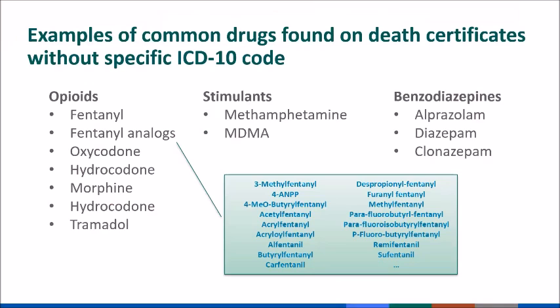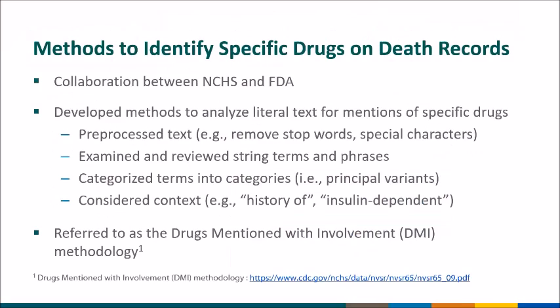And then we want to really look at our methods and develop something that will be informative for anyone who wants to look at this, because we want to eventually publicize this to make sure everybody knows what's going on. So we work with the FDA, and the FDA actually created some methods for us. First we pre-process the text, and the FDA didn't want to do this at a very micro level.